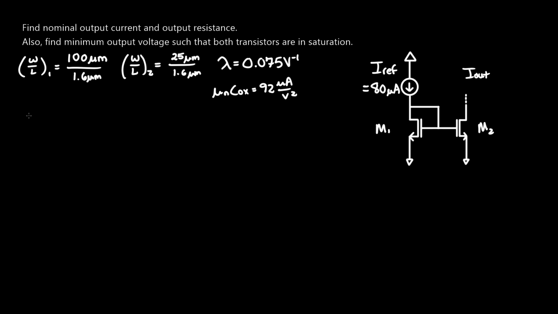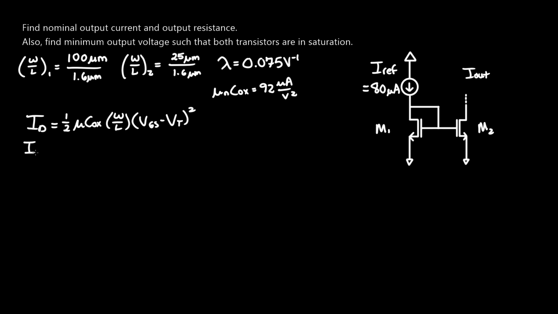So starting off, it's a good idea to write down the formula for the current through a MOSFET, where ID equals 1/2 mu Cox W over L times (VGS minus VT) squared. For a current mirror, effectively what happens is you take the ratio between I of M1 and I of M2.